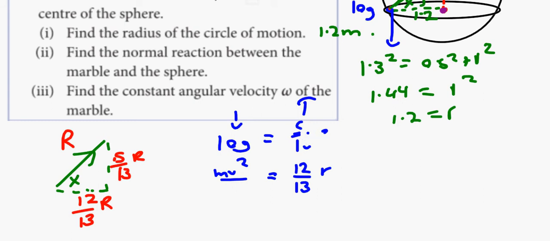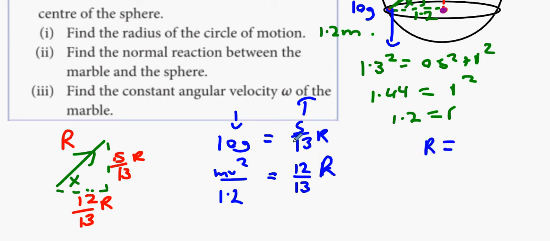Oh, sorry, that's capital R. Excuse me. Capital R, small r. We know that small r is 1.2. We can isolate capital R using the top equation.